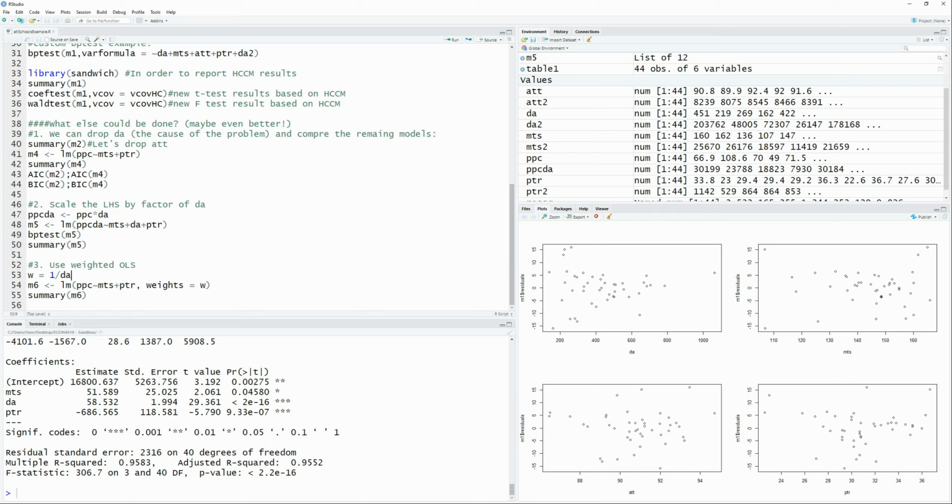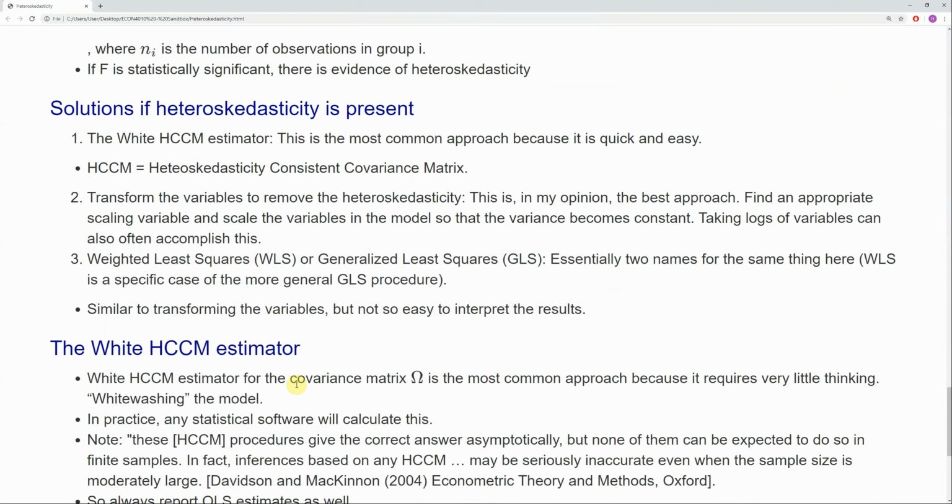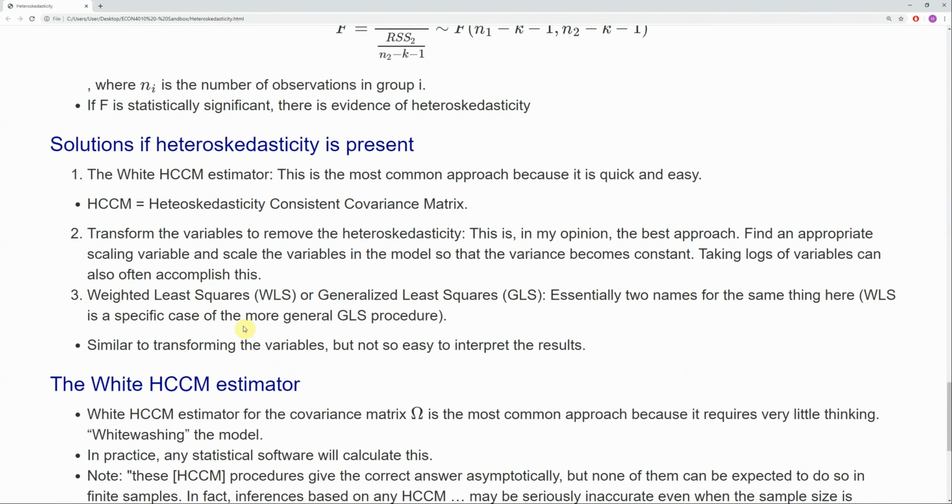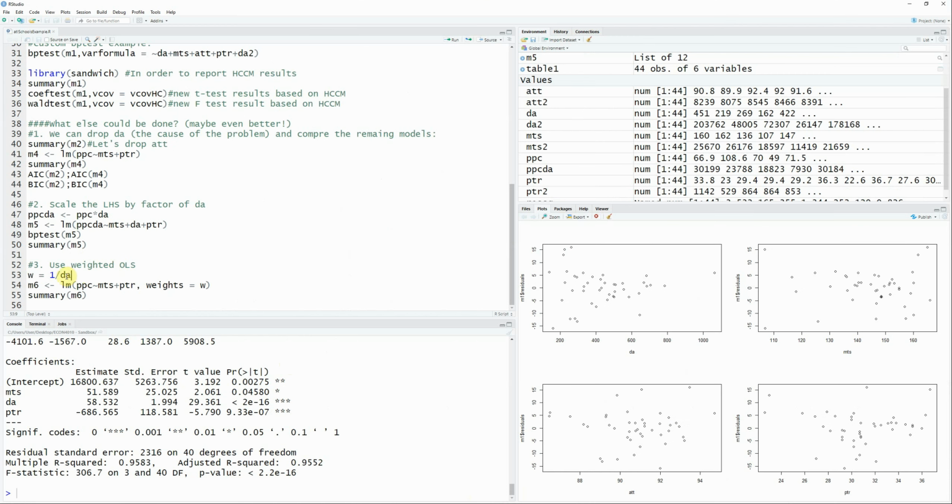And the third one is using weighted least squares. So what we're going to do is we want to use DA and we use W as the inverse of DA. So for the high values, they're going to be multiplied by very, very small numbers, because the higher the DA, the lower the variance.